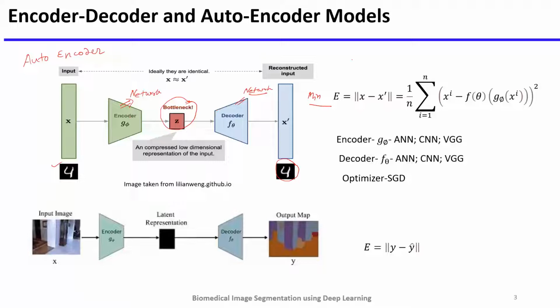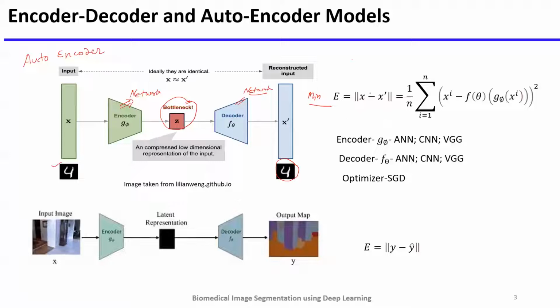In this case, the encoder function could be a network, and the decoder could also be a network. This may be a CNN or any other architecture which we can use for feature extraction, and in the same way, we can use the same kind of architecture for decoding to reproduce the images.